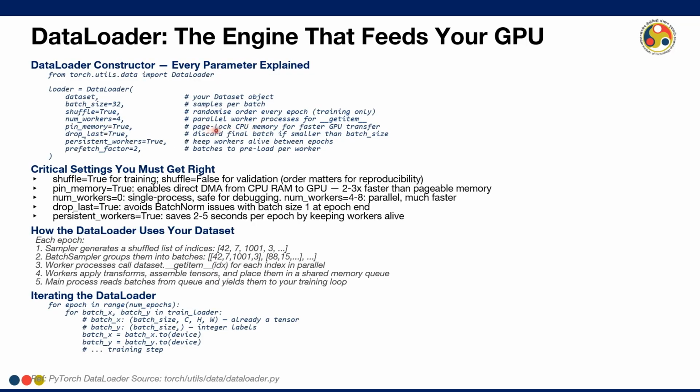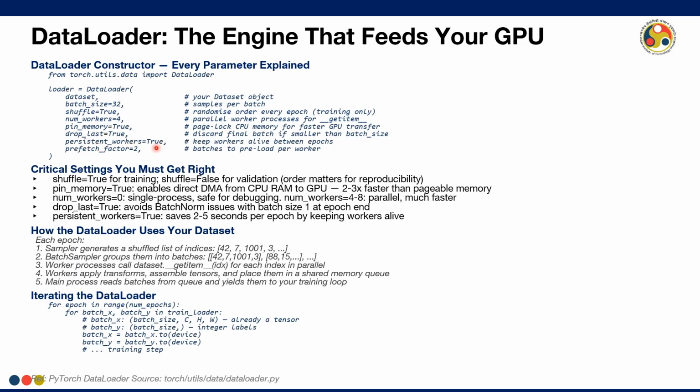Pin memory, so page locking: if we want to page lock CPU memory for faster GPU transfer, then we can set pin memory to true and it will transfer data faster. Drop last: we may not have an equal number of batches, so the final batch which is smaller than the batch size will be discarded if we make it true.